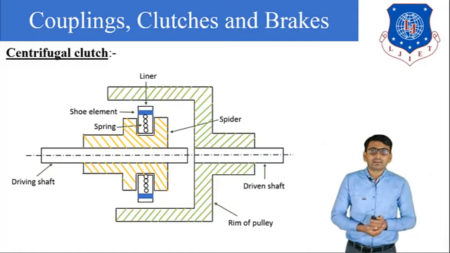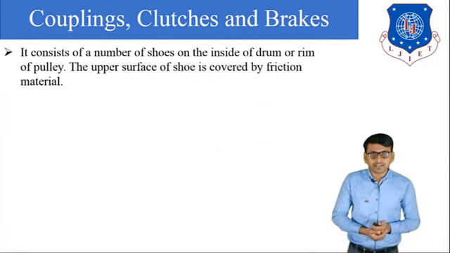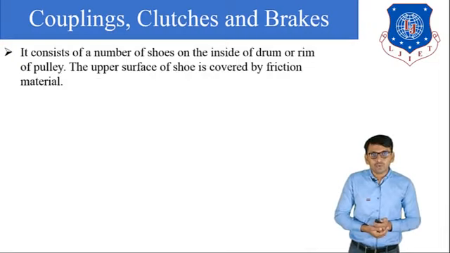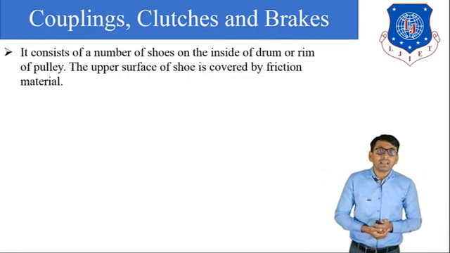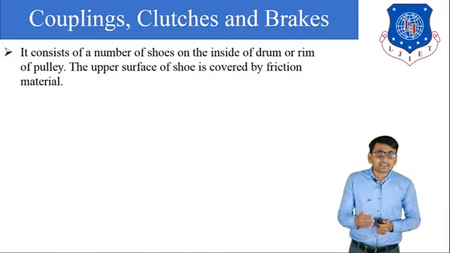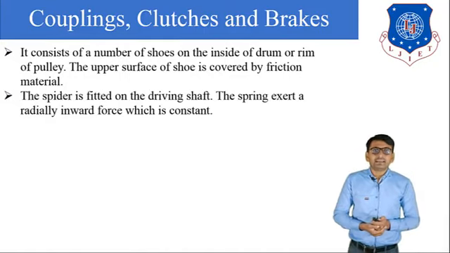So this is about the centrifugal clutch. It consists of a number of shoes on the inside of the drum or rim of the pulley. The upper surface of the shoe is covered by friction liner material. The spider is fitted on the driving shaft.